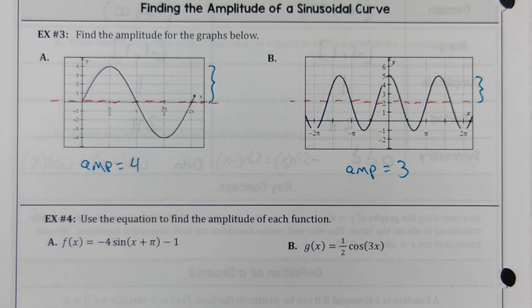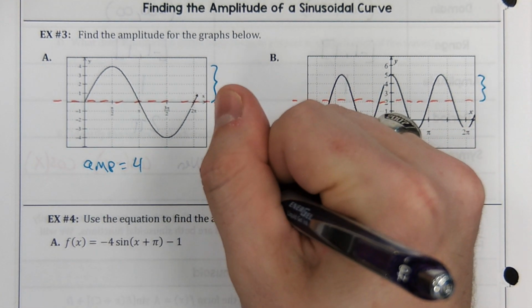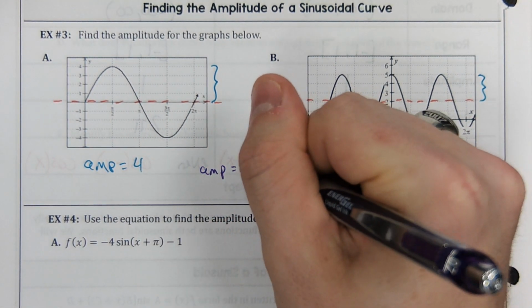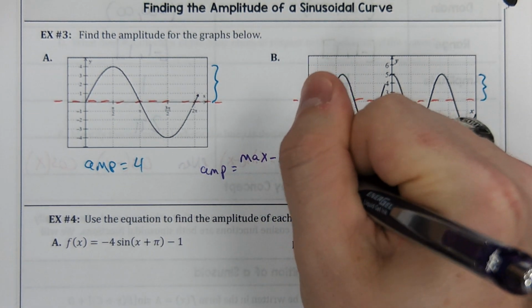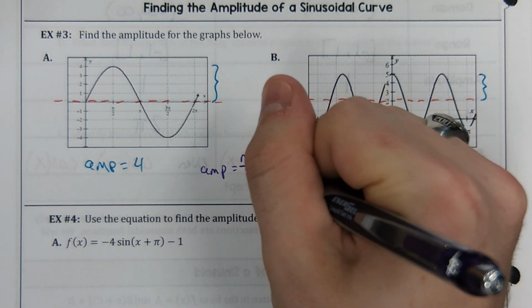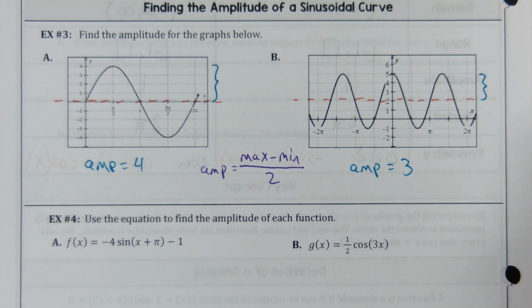Or, okay, I know, I said I want the formula for it, the algebra. I said there's 2 ways. I said there's an algebraic way and there's a just count way. I just did the count way. So the formula is max minus min divided by 2.